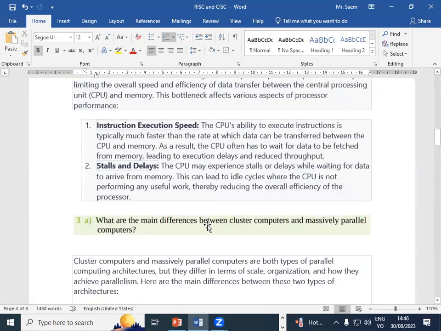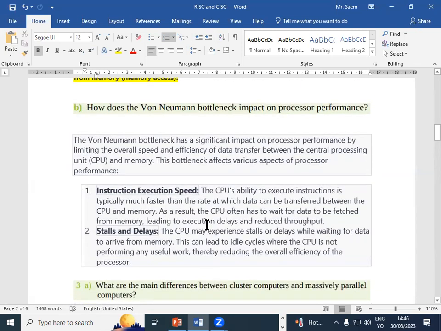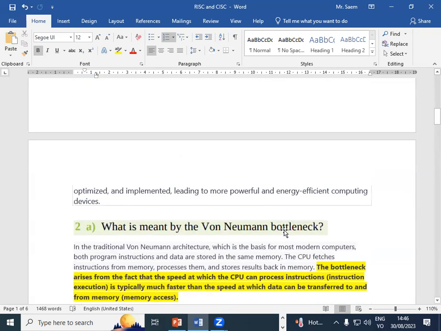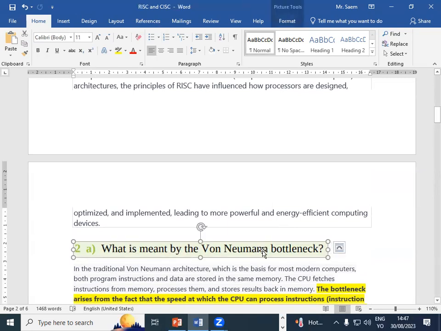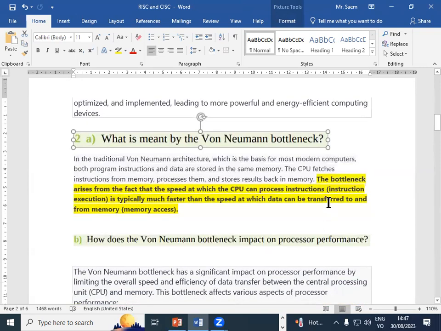There was one more question: what is meant by the von Neumann bottleneck? We just discussed it. What was the von Neumann bottleneck? It was this.